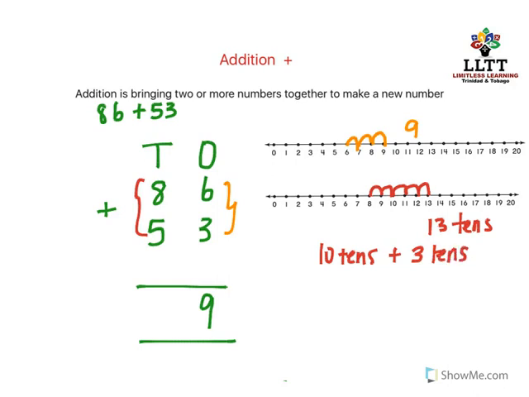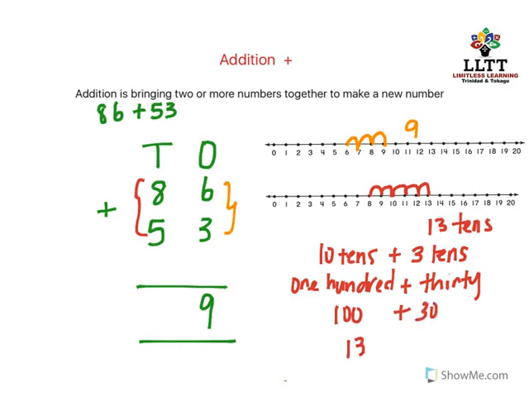Right? Because 10 plus 3 is 13. 10 tens is the same thing as 100. And 3 tens is the same thing as 30. 100 can be written as 100 and 30 as 30.